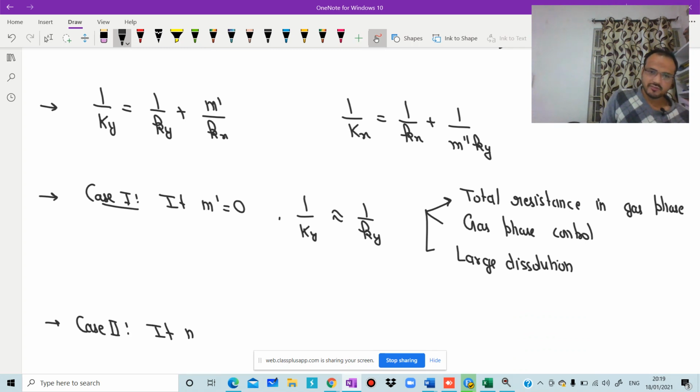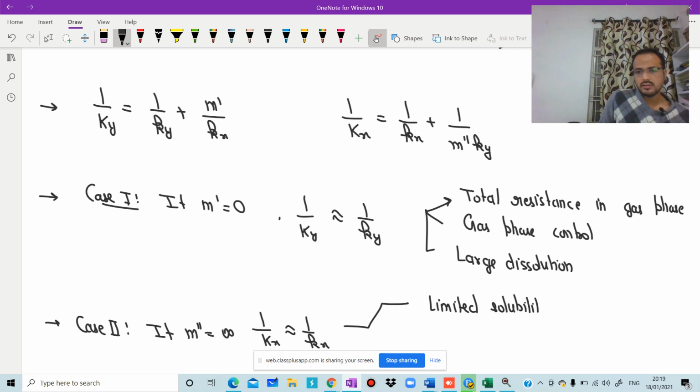And case second, if m double prime is infinite, so 1 by Kx is approximately 1 by kx. In this case, the total resistance is in the liquid phase, so we have limited solubility.